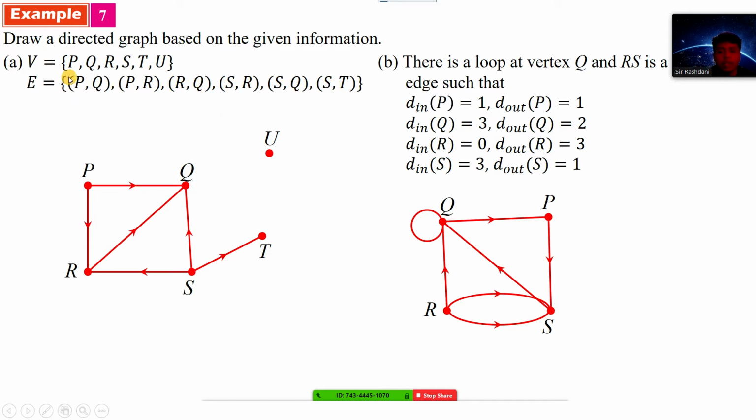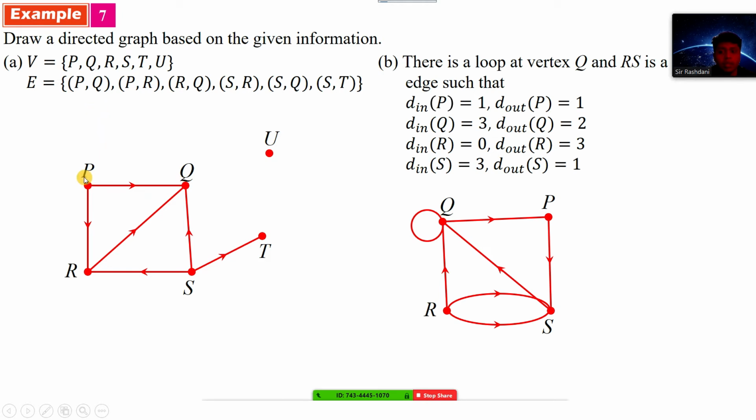So we know that this question asks about a directed graph. A directed graph means we have a direction. So from PQ, P will be our initial vertex and Q is our terminal vertex.